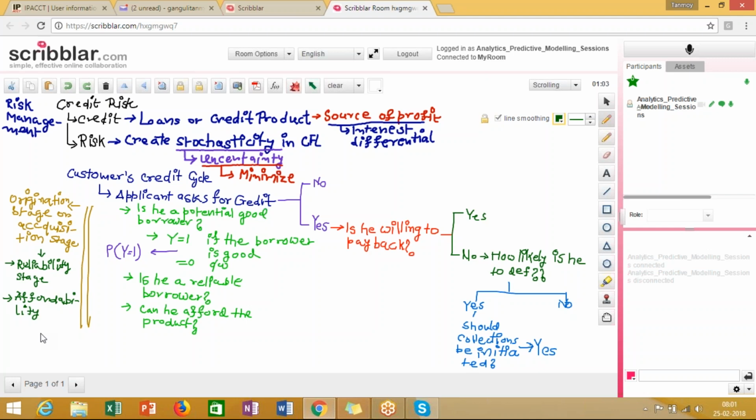On the other hand, your previous financial behaviors, your monthly income, salary, your other fixed obligations, will give the bank an idea about the affordability of the borrower for the product. So can a particular borrower actually afford a product?